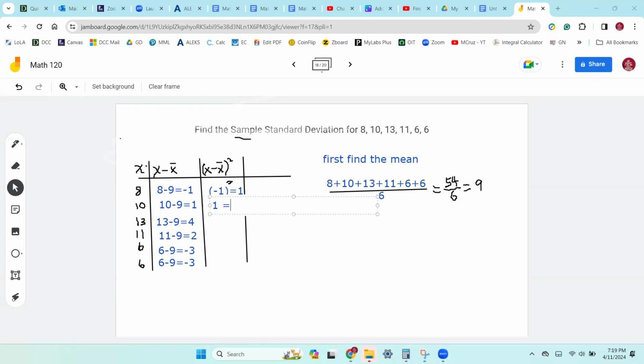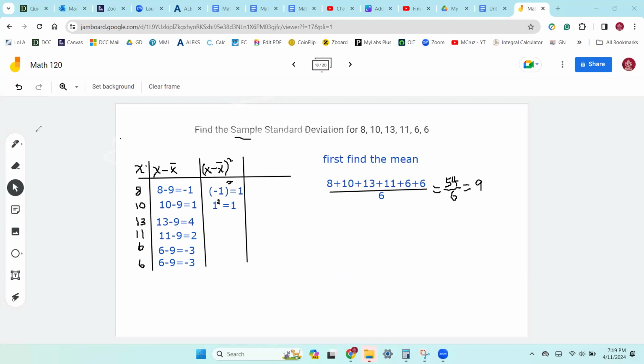And that's equal to 1. And the reason why I put the parentheses around that whole thing is because if you square anything, positive or negative, you always have a positive result.